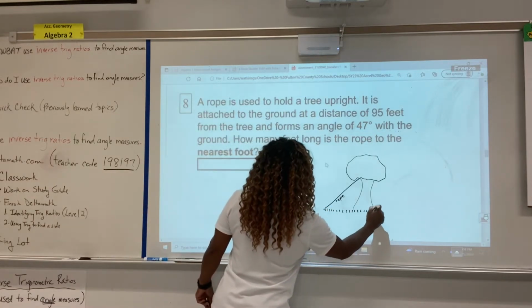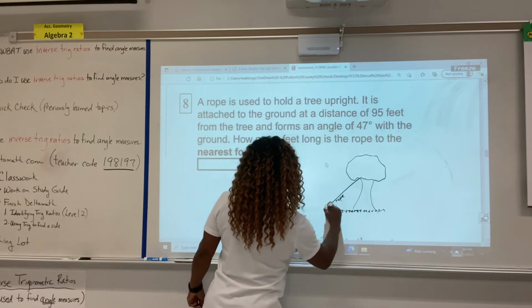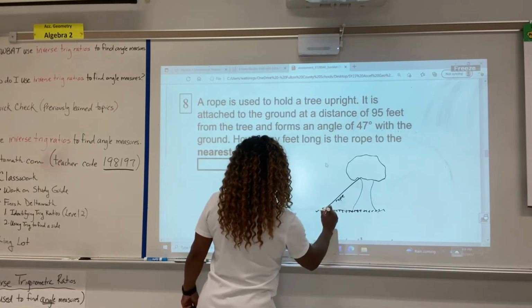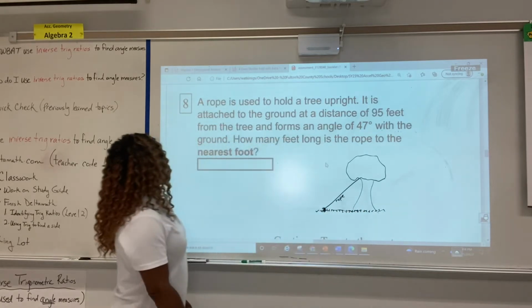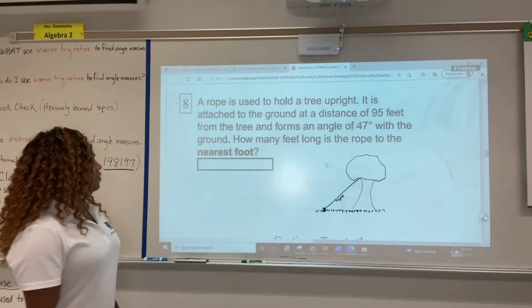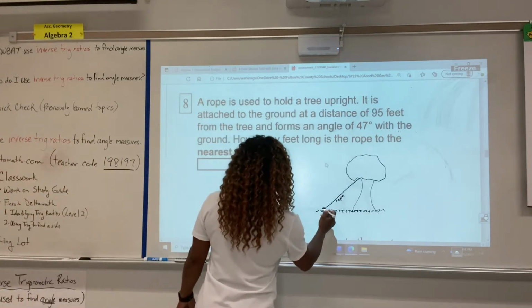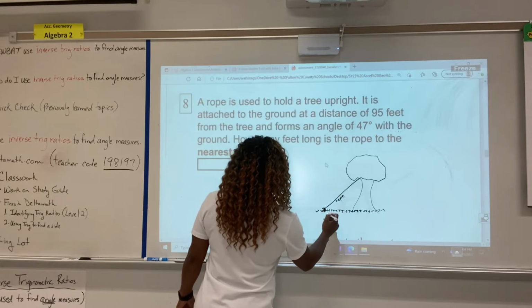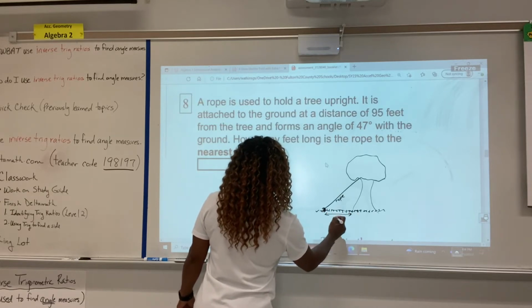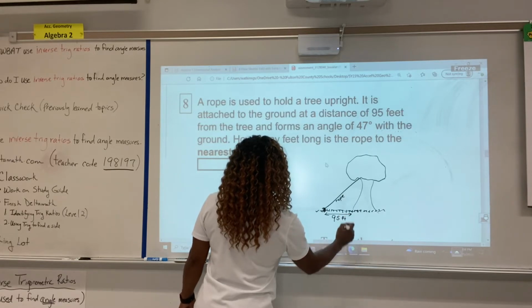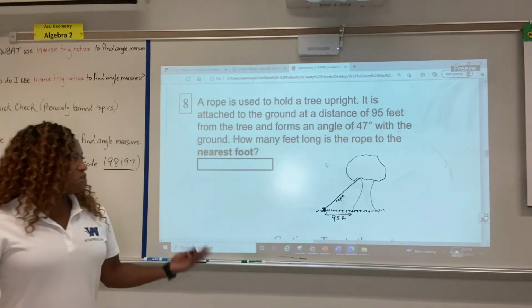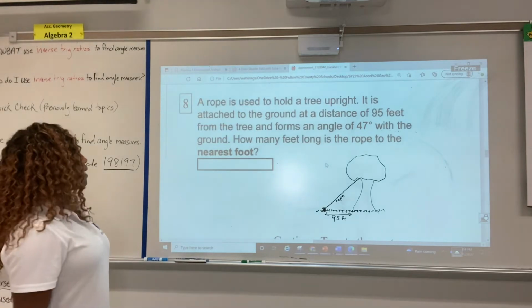Let's just say that's grass growing. And so it's attached to the ground at a distance of 95 feet from the tree. So this distance is 95 feet from the tree. This is a pretty decent facsimile of what they're asking us.